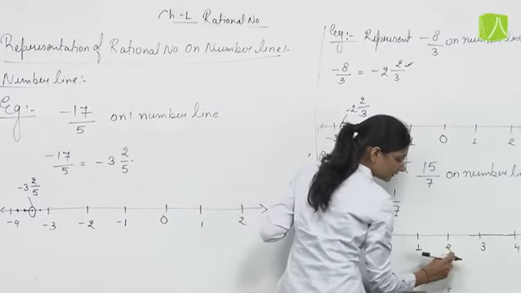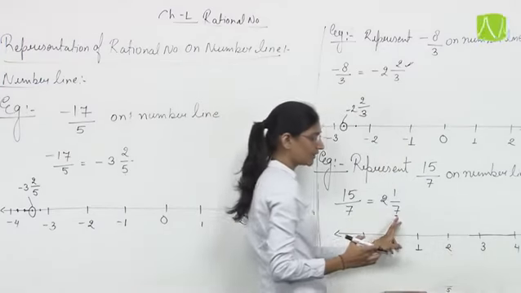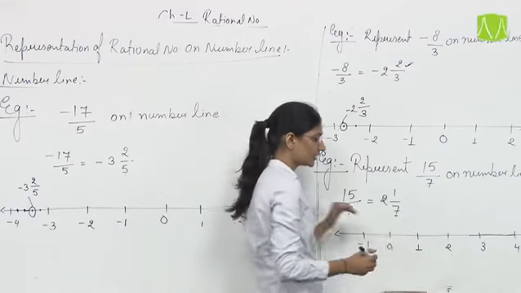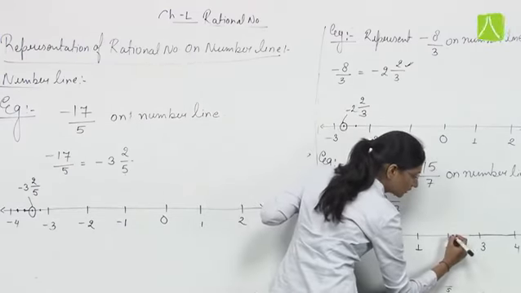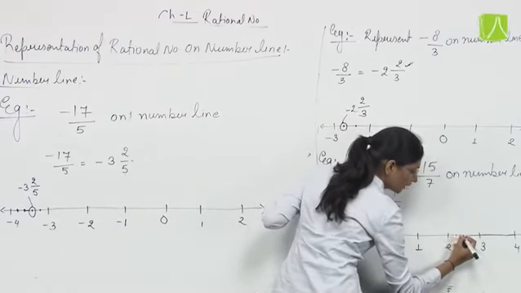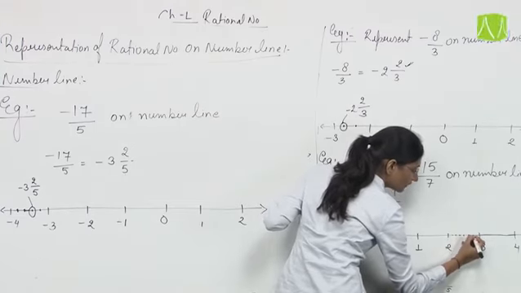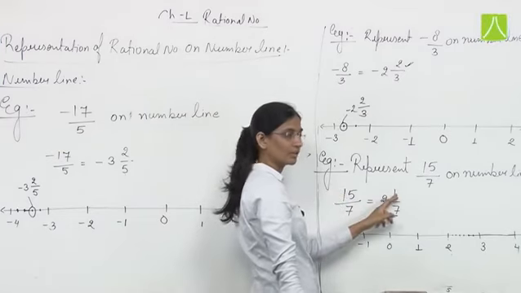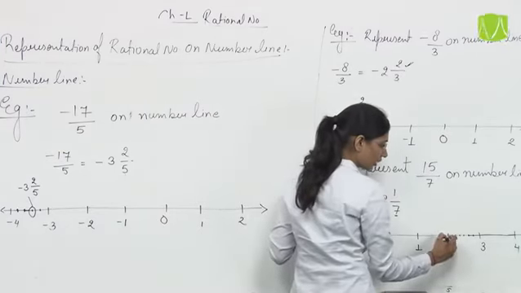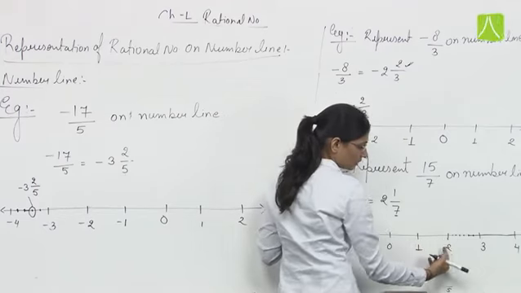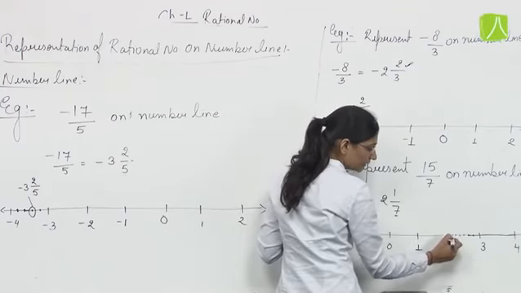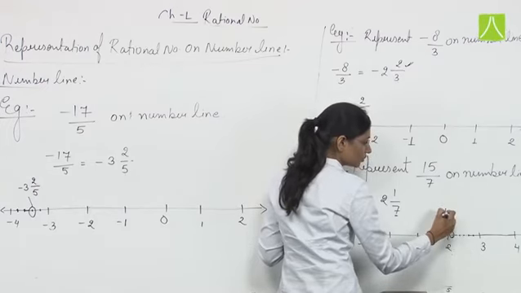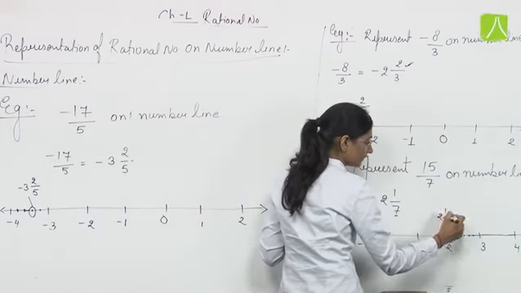Divide this part, 2 to 3, into 7 equal parts by drawing 7 minus 1, 6 lines at equal distances. 1, 2, 3, 4, 5, 6. Now the numerator is 1. Therefore, counting from 2, the first line, that is this line, will represent 2 and 1 by 7.